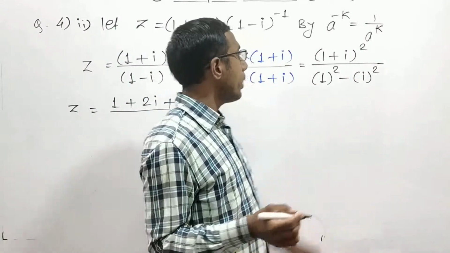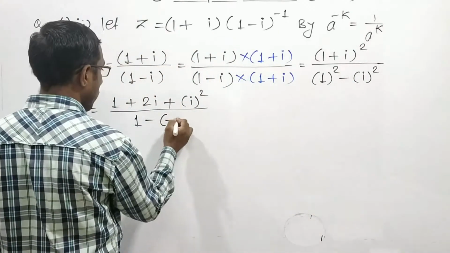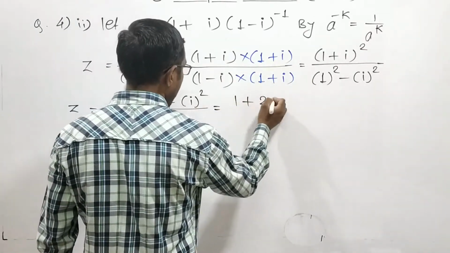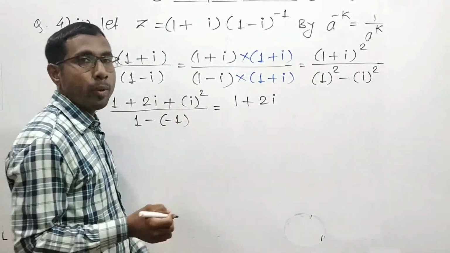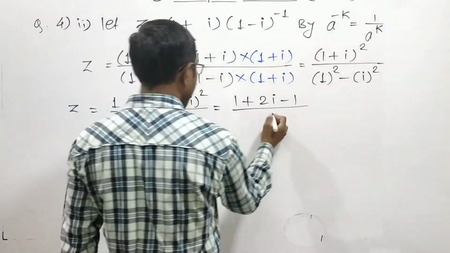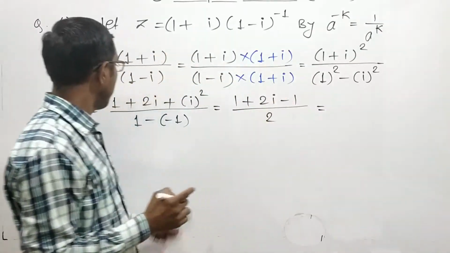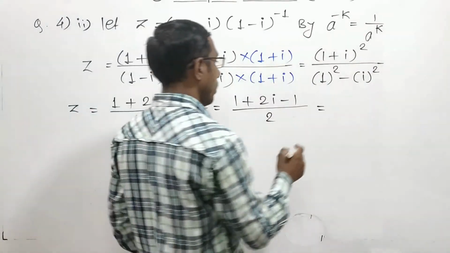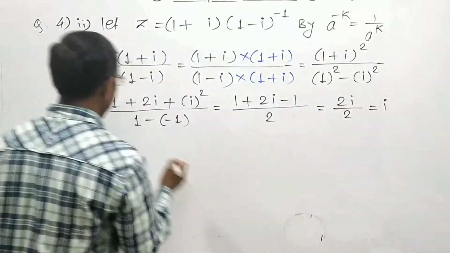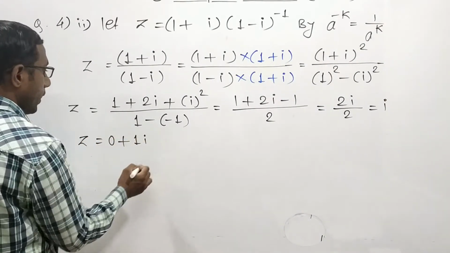Then 1 square is 1, minus i square, and i square is minus 1. So it is equal to (1 plus 2i plus i square, which is minus 1) divided by (1 plus 1, which is 2). So 1 minus 1 cancels, and it is simply 2i by 2, which is equal to i. That is, I can write it like this: 0 plus 1i.